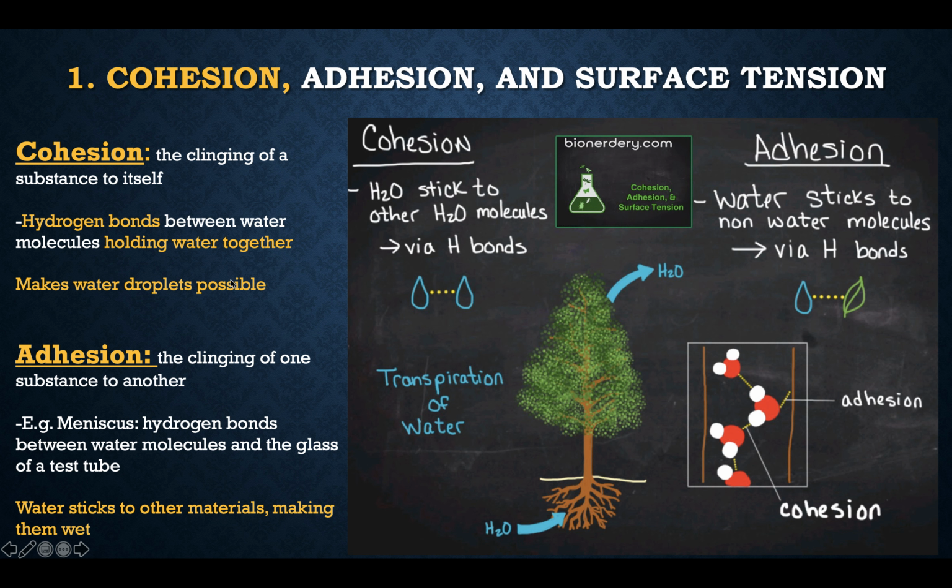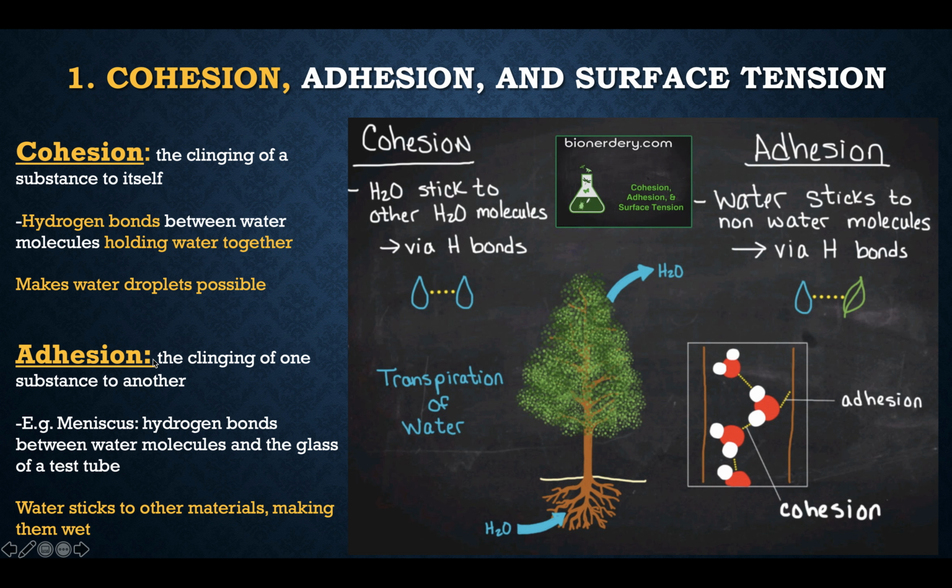If you have a little eyedropper of water and you dropped a little droplet on the desk, it would bead up. But if you did that with, say, oil, the oil would spread out. So that's called cohesion. H2O sticks to other H2O molecules via hydrogen bonds.